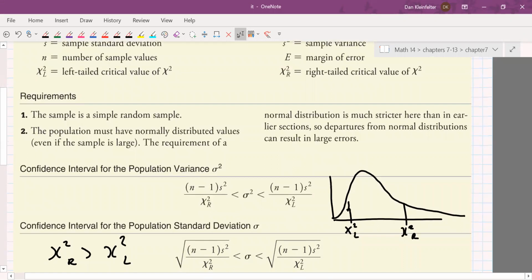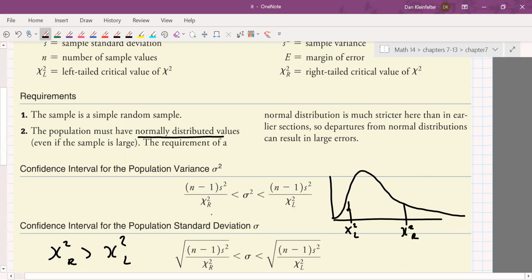Requirements for us to do this, we need to have a simple random sample. The population needs to be normally distributed, even if the sample is large. The requirement that it's a normal distribution is more strict here than when we work on proportion or the mean. So departures from normality can result in big errors here. So we want to be really careful to check for normality.